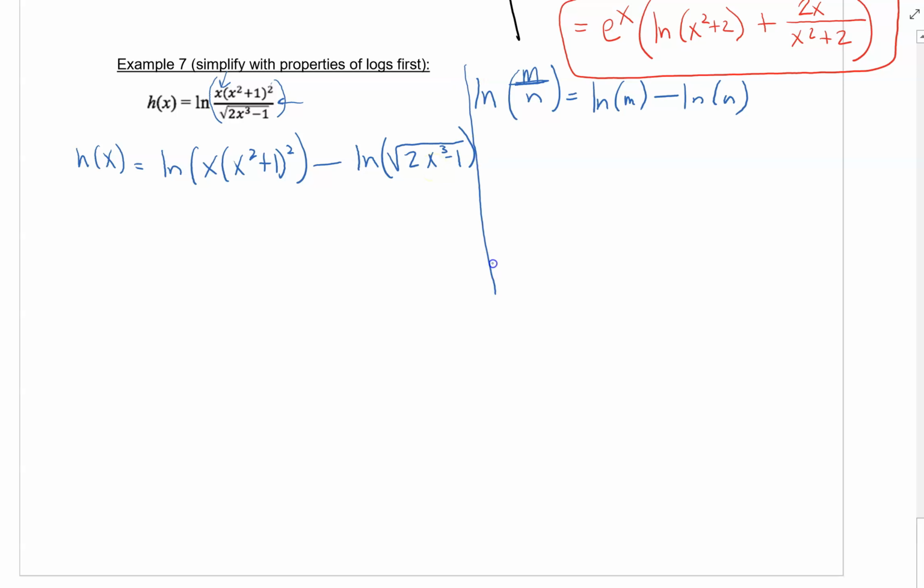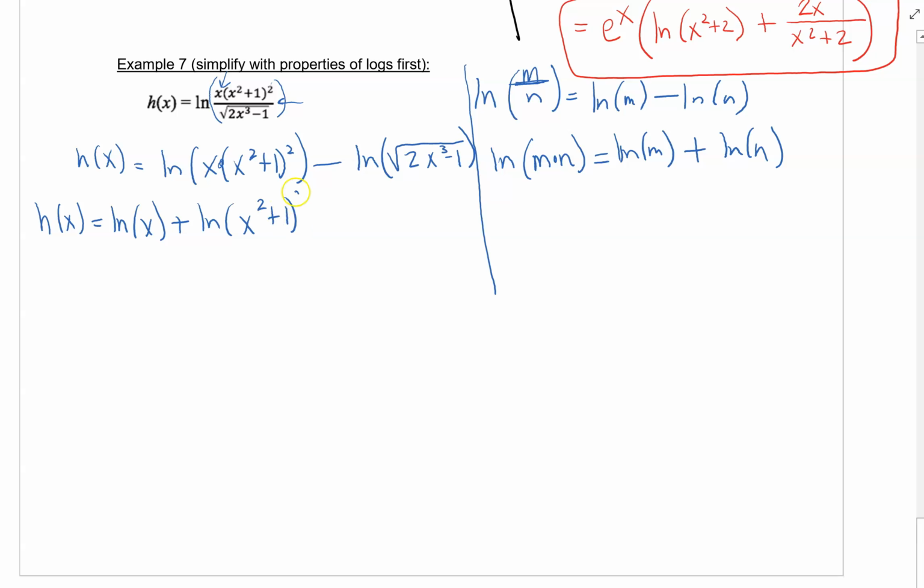But there's another property of logs that says if you, inside a natural log or any log, are multiplying two things together, you can take the natural log of each thing separately and then add them together. So that could help me simplify this first part a little bit. So this function is really ln of x plus ln of x squared plus 1 squared, and then minus ln of the square root of 2x cubed minus 1.